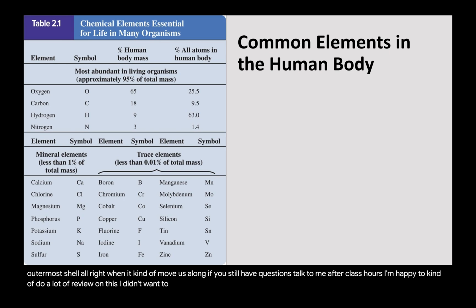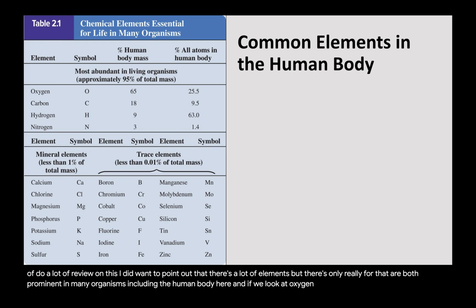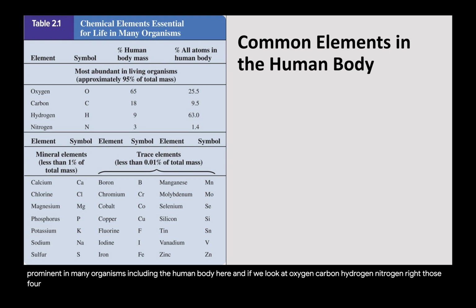I did want to point out that there's a lot of elements, but there's only really 4 that are most prominent in many organisms, including the human body. If we look at oxygen, carbon, hydrogen, nitrogen, those 4 elements actually make up 95% of our total mass. They are the most prominent, right?